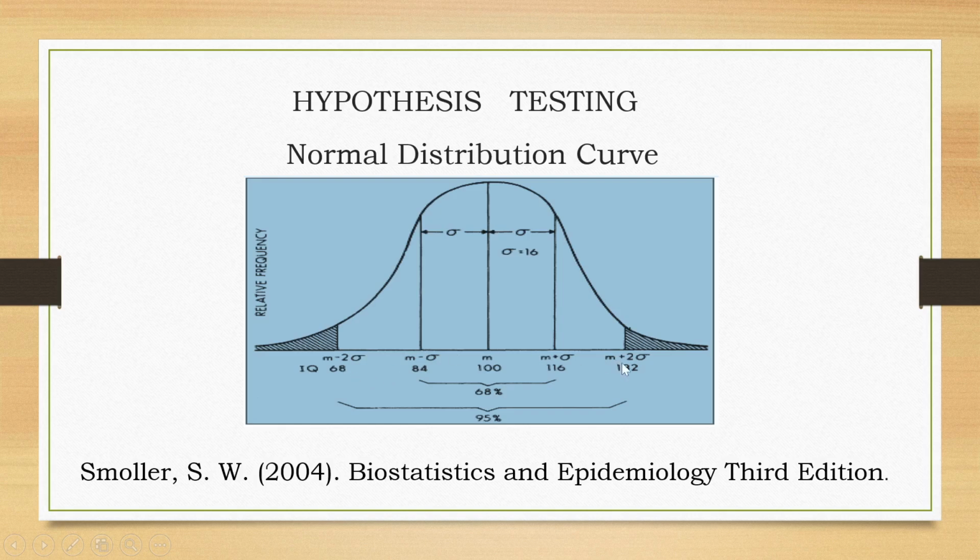So 68% of the observations under the curve fall within 1 standard deviation. 95% of the observations fall within 2 standard deviations, and 99.7% fall within 3 standard deviations.